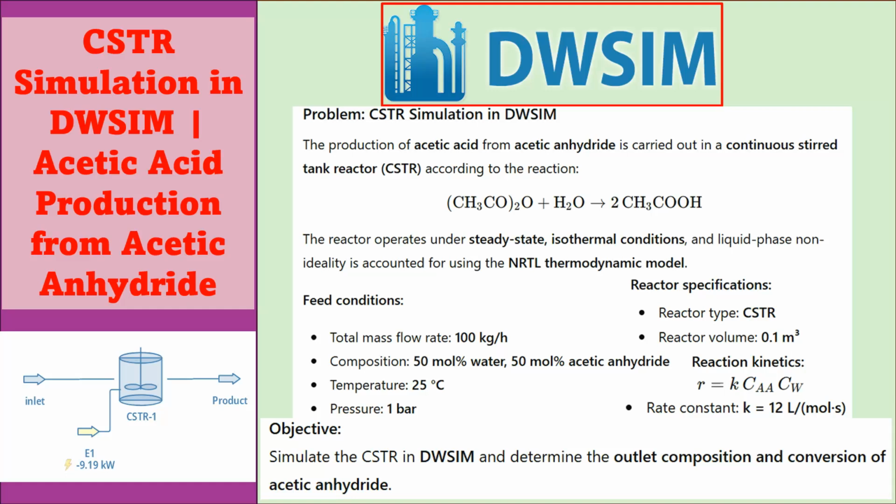Here reaction kinetics is R is equal to K C_A C_W and rate constant K is equal to 12 liter per mole second. The objective of this simulation is to determine the conversion of acetic anhydride and the outlet composition using DWSIM. Let us now proceed with the DWSIM simulation.